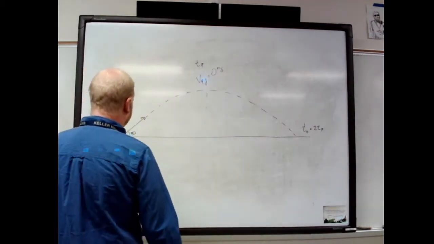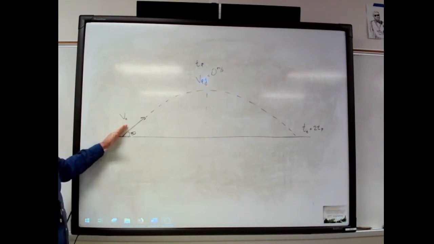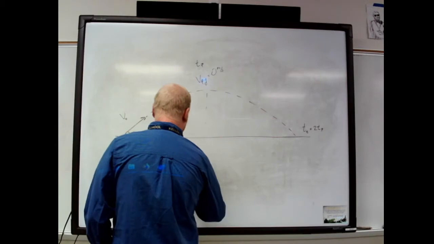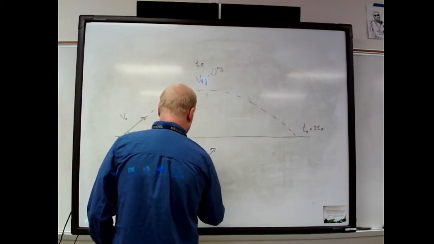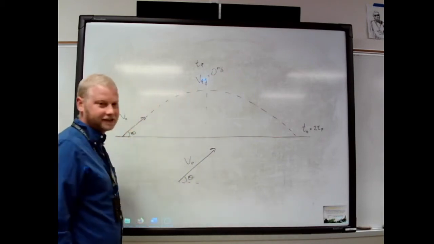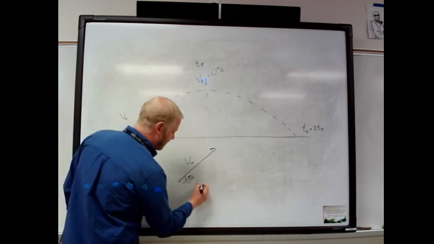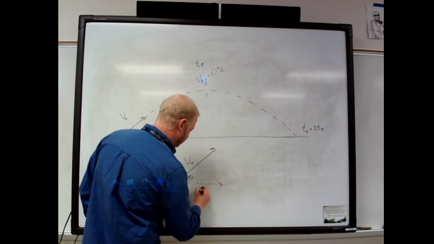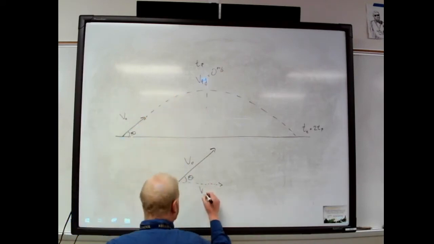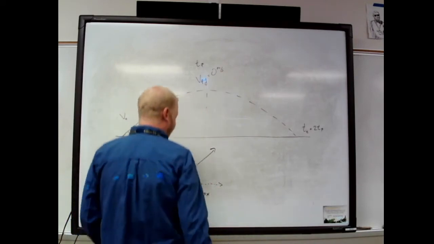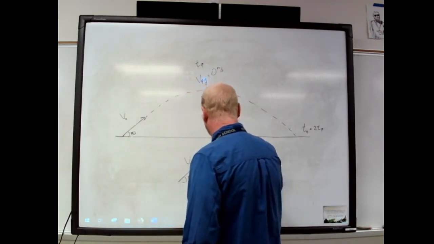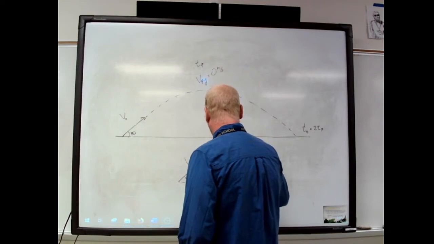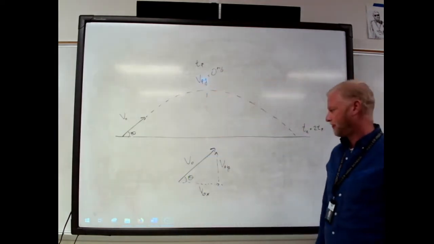The biggest thing you've got to do is recognize that this initial velocity needs to be broken down into its component pieces. So if we draw that bigger, we've got an initial velocity fired at some angle, and some of that velocity exists in the horizontal, and some of that velocity exists in the vertical.